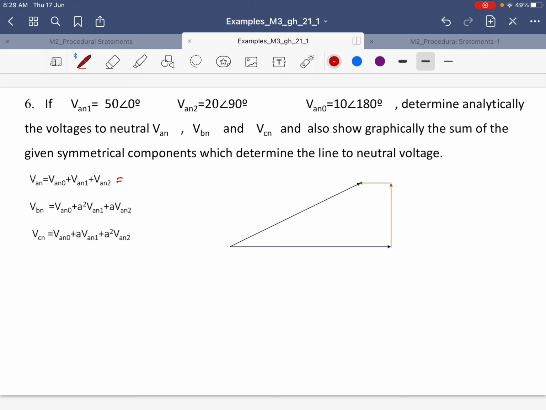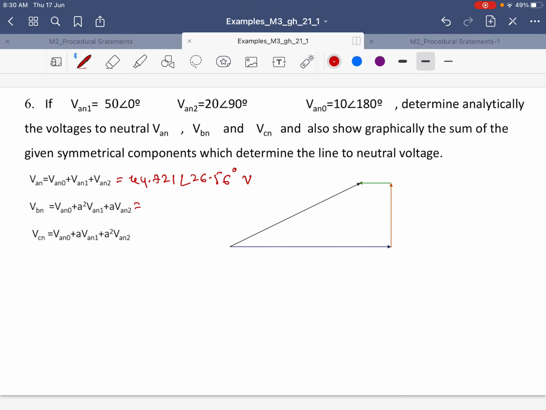The value of VA is 44.721 at an angle of 26.56 degrees volts.